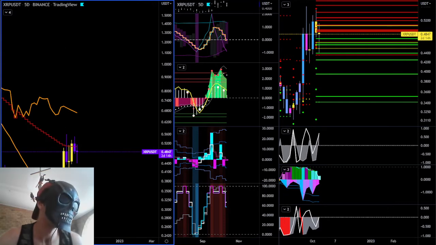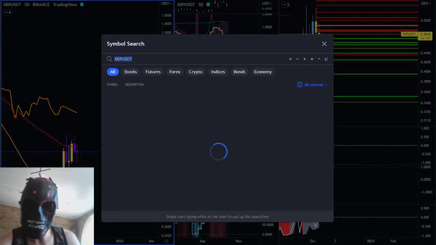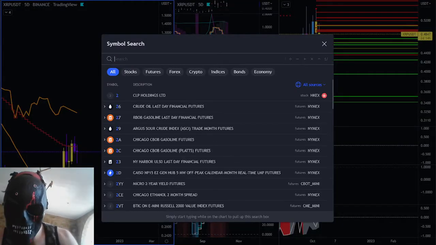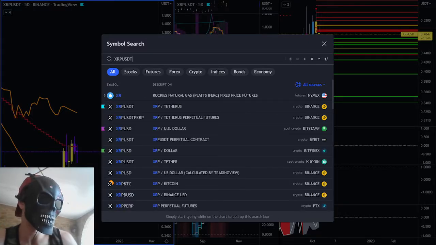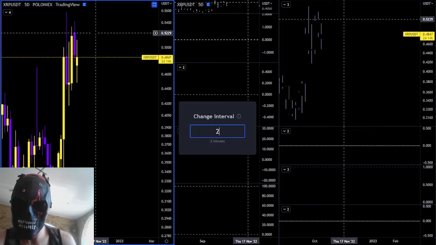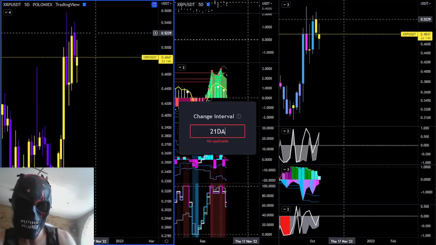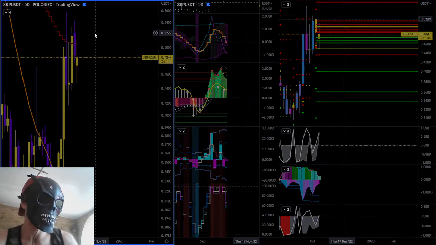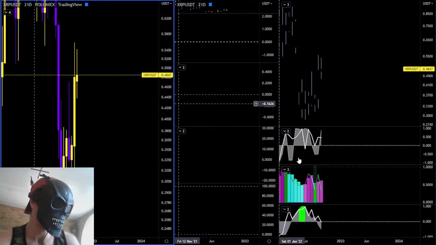So we've got to look at what our 21 day is saying, because our 21 day, XRP USDT, can be in positive drift mode, and that be why this thing is floating.